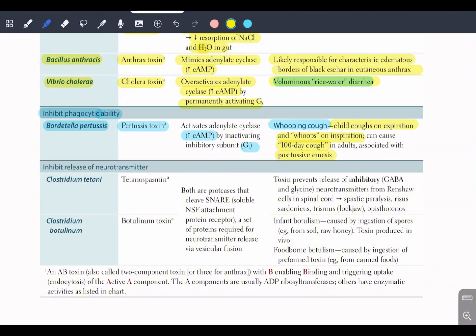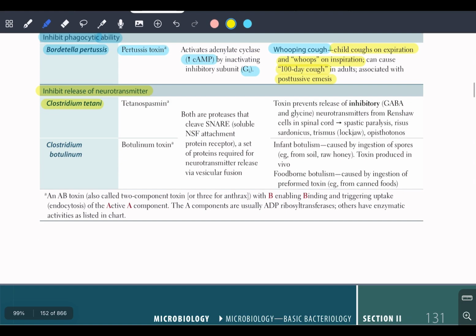Then we have toxins that inhibit release of neurotransmitters, neurotoxins, that include Clostridium tetani, and this bacteria has a toxin called tetanospasmin. Then we have Clostridium botulinum producing botulinum toxin. Both are proteases that cleave SNARE, soluble NSF attachment protein receptor, that is the full form.